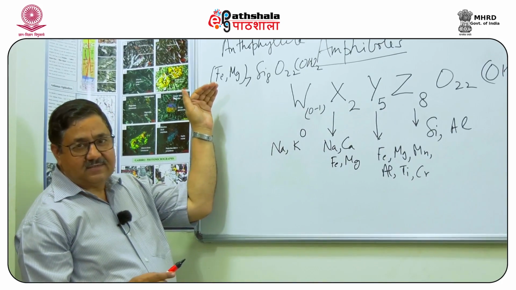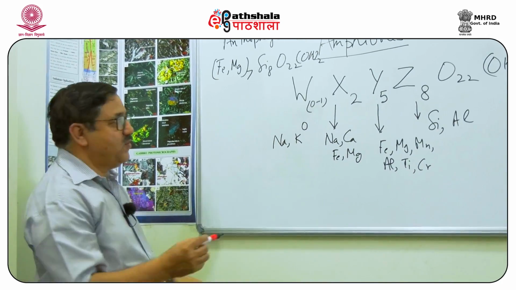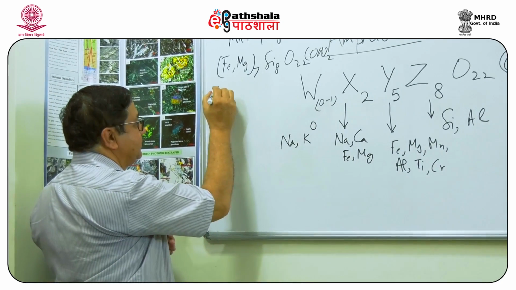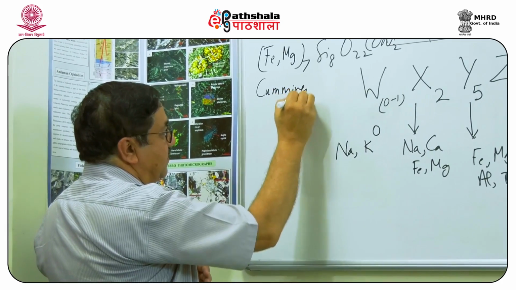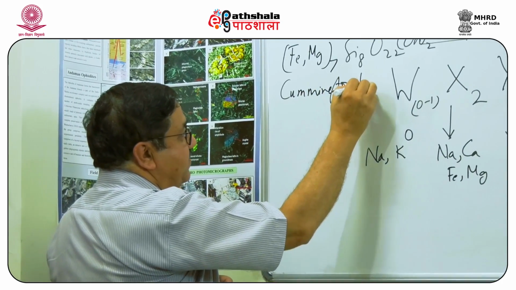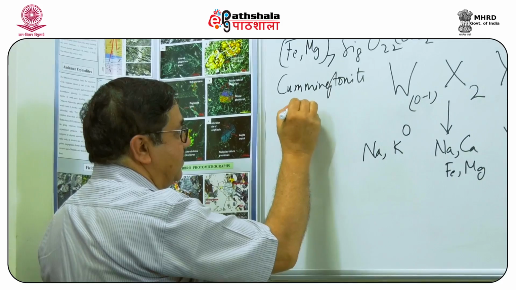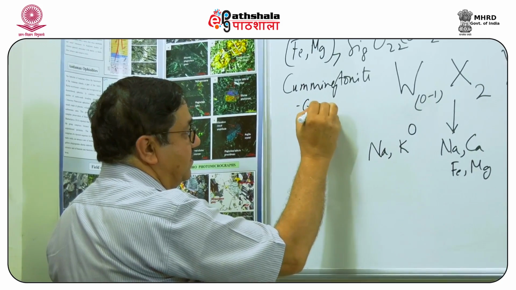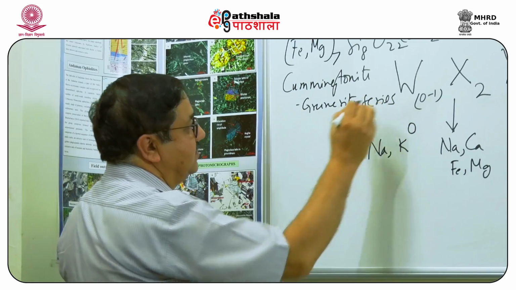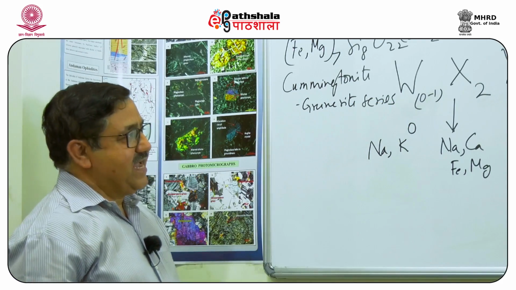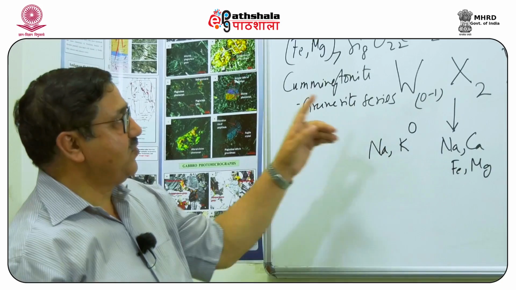The other common amphibole is the cummingtonite-grunerite series. And you see, we will derive the formula from this.